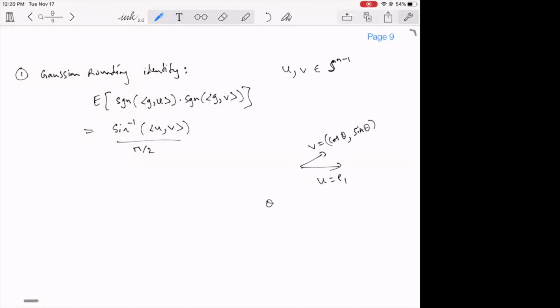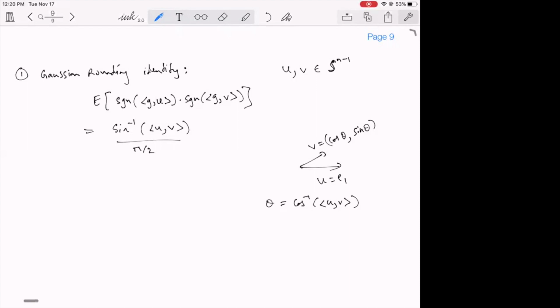So theta is the cosine inverse of the inner product of U and V. By the fact that the Gaussian distribution is invariant to rotations, we obtain that we can study this question in the two-dimensional plane. So now all we need to do is study the following question.